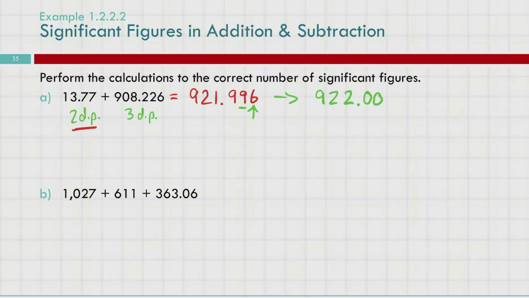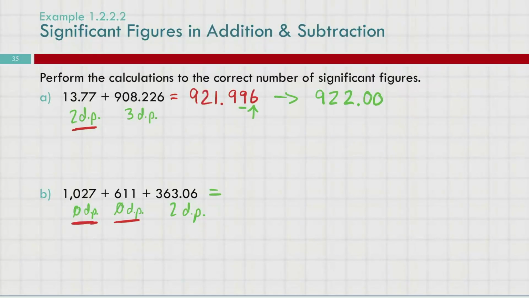And then for B, I put that in wrong. We have 0 decimal places, 0 decimal places, and 2 decimal places. 0 is smaller than 2, so we'll expect 0 decimal places for our answer.